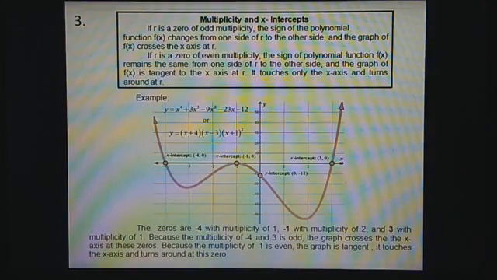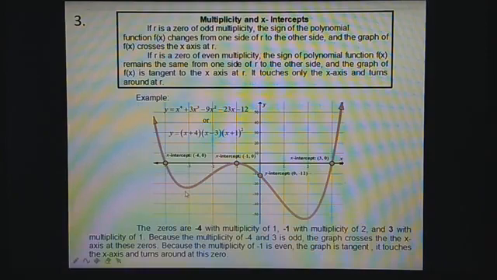So, sabi diyan, changes from one side to another side. Ibig sabihin, it will cross the x-axis. So, ito si negative 4 sa x-axis, which is our x-intercept. Nanggaling siya sa positive side ng y, ko-cross siya dyan, bababa papuntang negative.